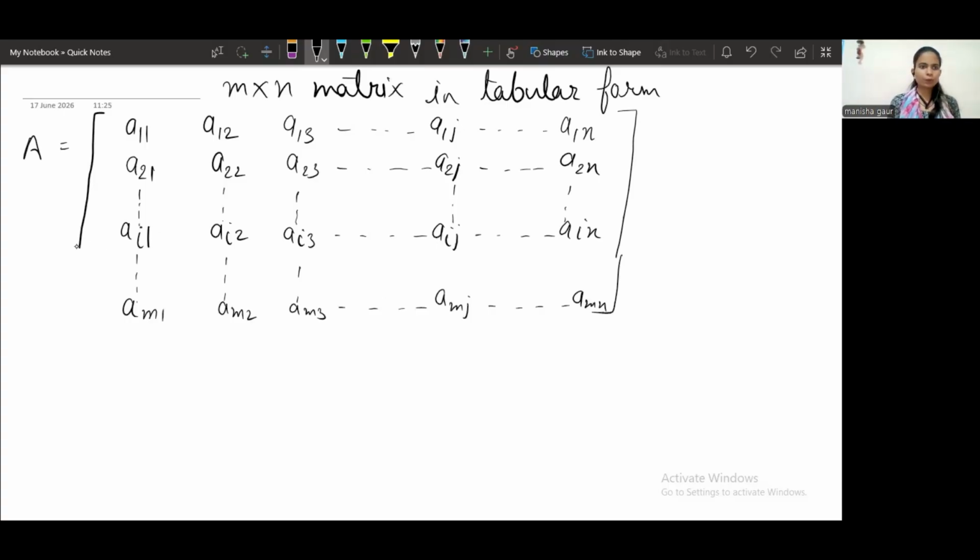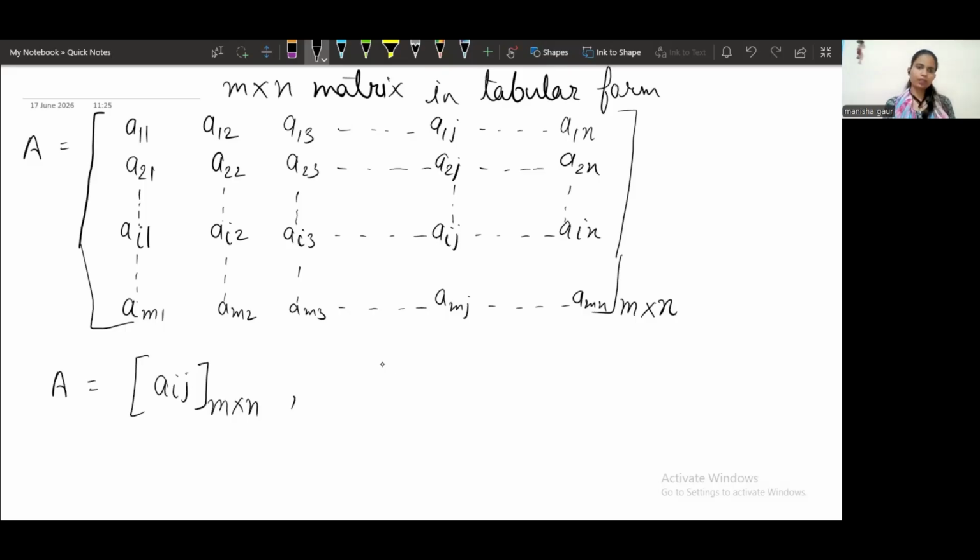So if we talk about the order of this matrix, it would be m cross n. So in general form, how will we write it? We introduce the elements as aij with the order of m cross n.